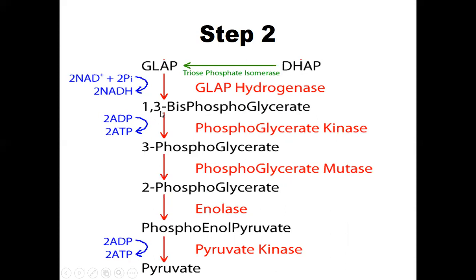Now, the 1,3-diphosphoglycerate is dephosphorylated to produce 3-phosphoglycerate. That is, two molecules of ATP are produced from the two glyceraldehyde 3-phosphate to give us 3-phosphoglycerate.